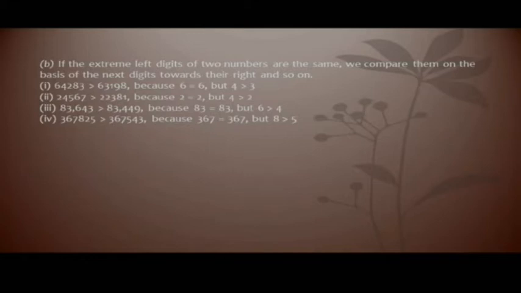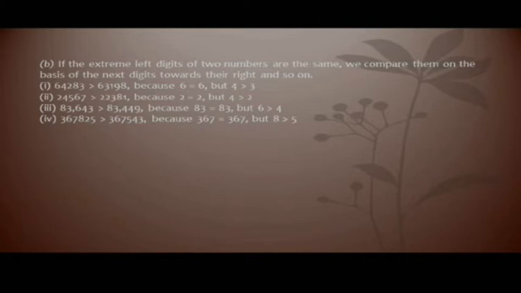Suppose 64283 is greater than 63198 because 6 is equal to 6 but 4 is greater than 3. And the same for the next one, which says 24567 is greater than 22381 because 2 is equal to 2 but 4 is greater than 2.